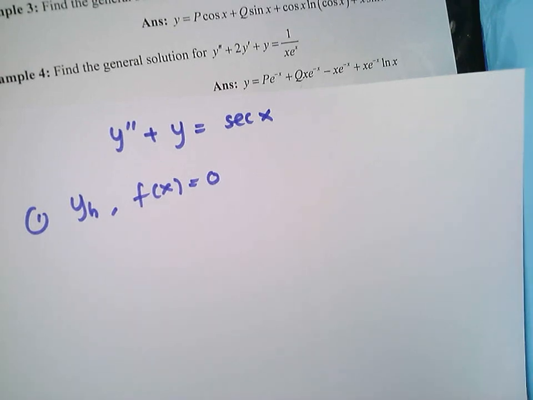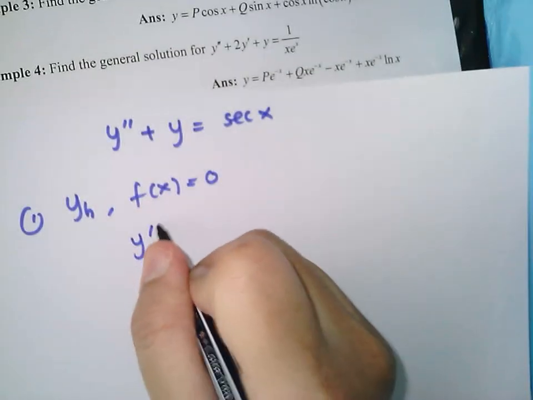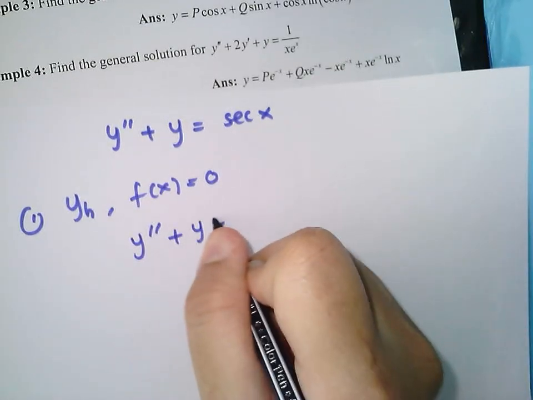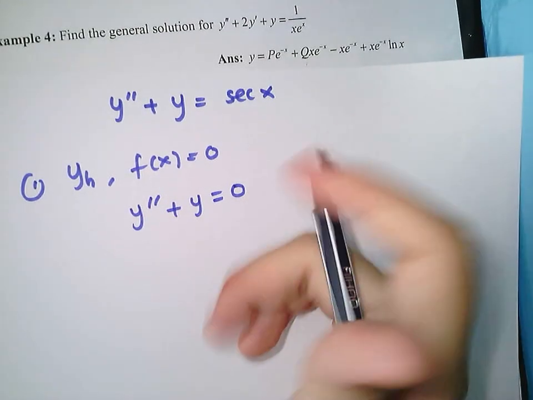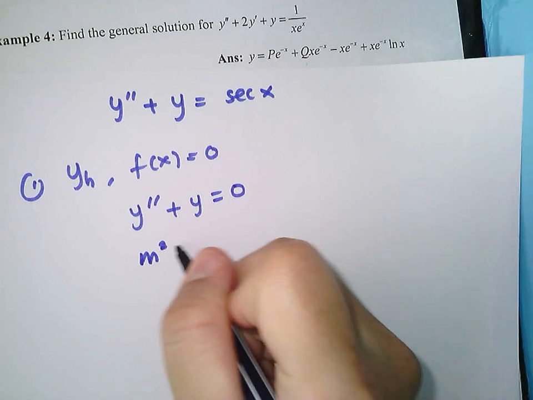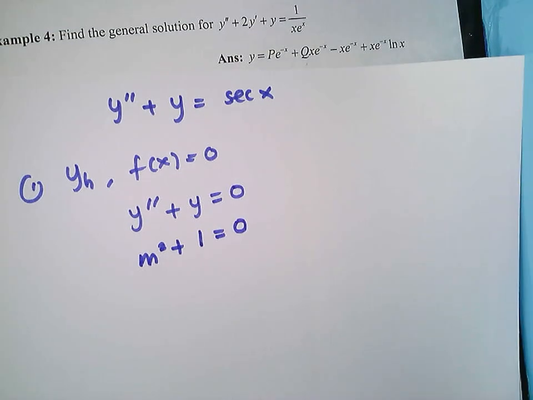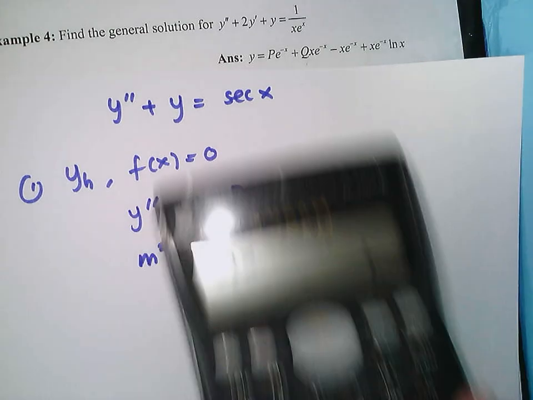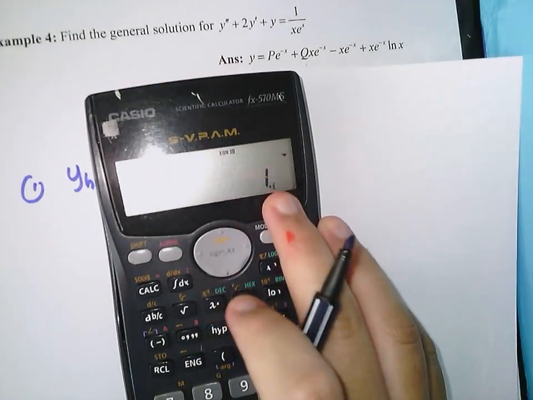By assuming fx is equals to 0, you have y double prime plus y is equals to 0. Change this into the characteristic equation, which will give you m squared plus 1 is equals to 0. If you use your calculator when you substitute your value for a, b and c, you will have i here.